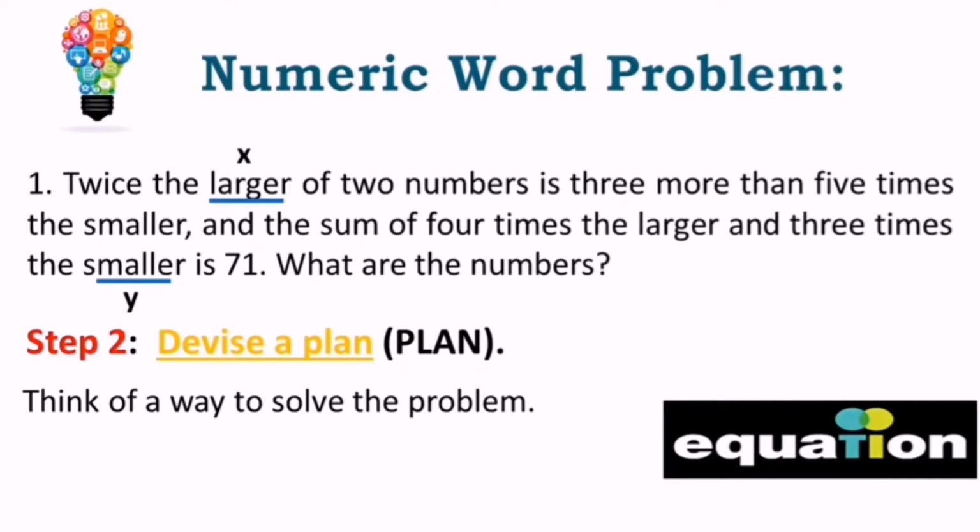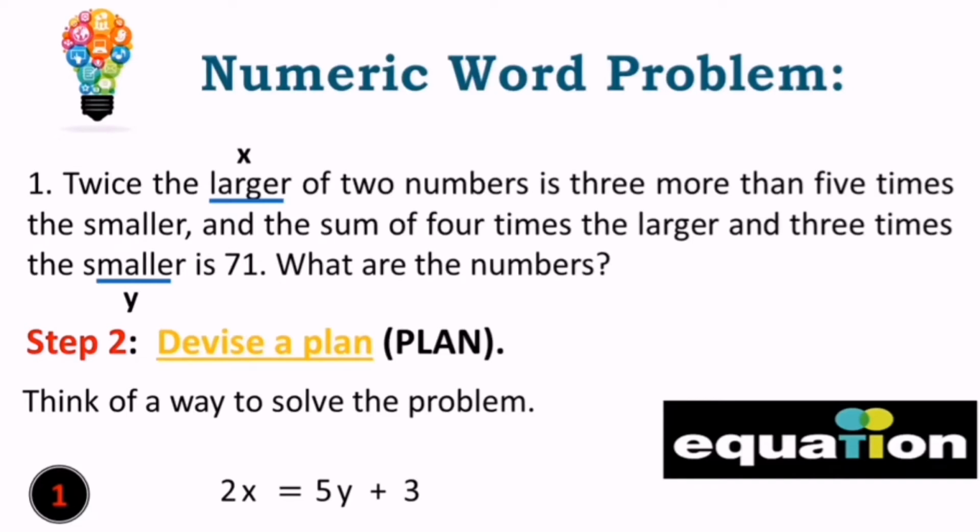When we say twice, it means 2 times. So twice the larger of two numbers is equal to 3 more than 5 times the smaller. So 5 times the smaller, then more than means plus. So we're able to create the first equation: twice the larger of two numbers is equal to 3 more than 5 times the smaller.